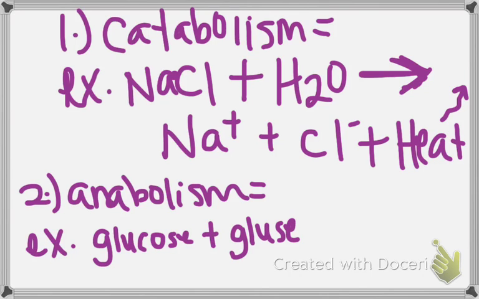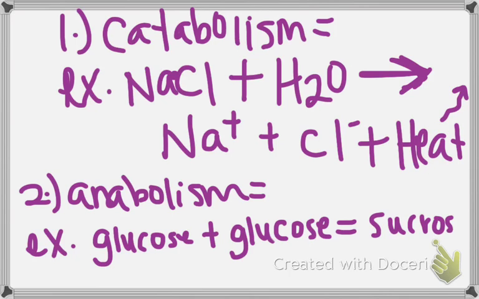We're going to draw the chemical formula for glucose. Hold on, let me back that up. I misspelled glucose, oh my goodness. Glucose plus glucose equals sucrose. This is one monomer plus one monomer equals a polymer.